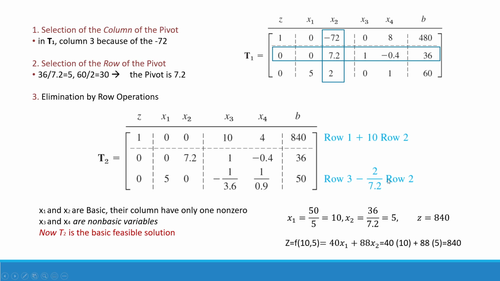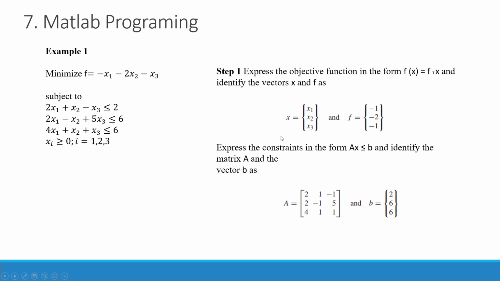And now after understanding this process, we are going to make an example in MATLAB programming. In MATLAB there is a function for this. In this case, there is a minimize function with equations that are subject to constraints. We know that x is greater than or equal to 0.